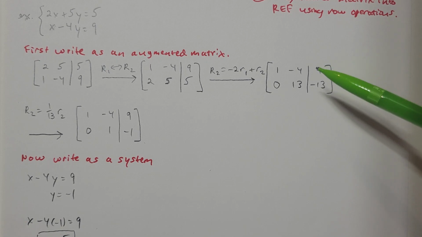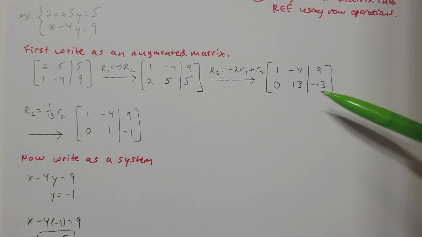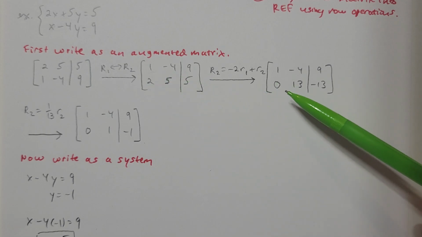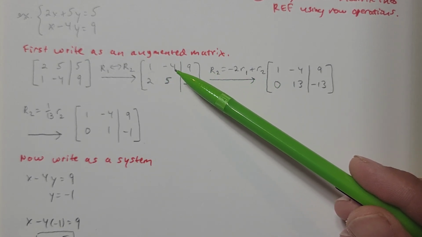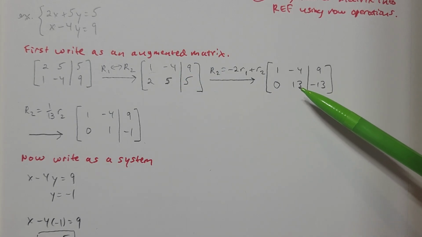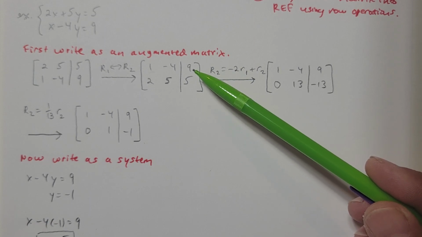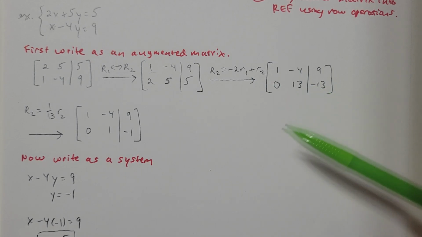Okay, so let's take -2 times row 1 plus row 2. Okay, -2 times 1 is -2, plus 2 is 0. -2 times -4 is 8, plus 5 is 13. And -2 times 9 is -18, plus 5 is -13.